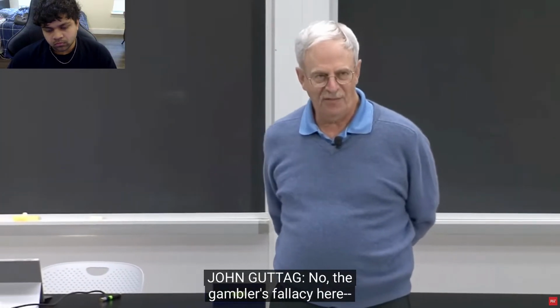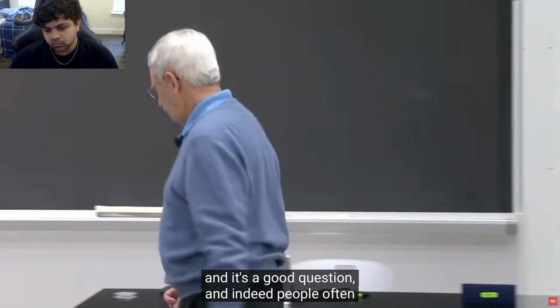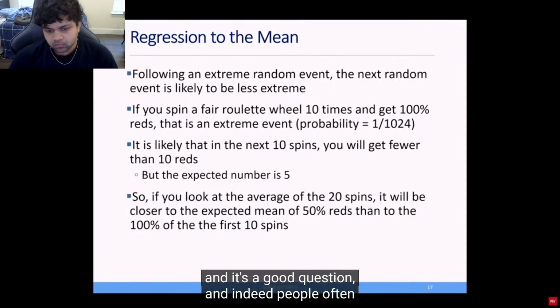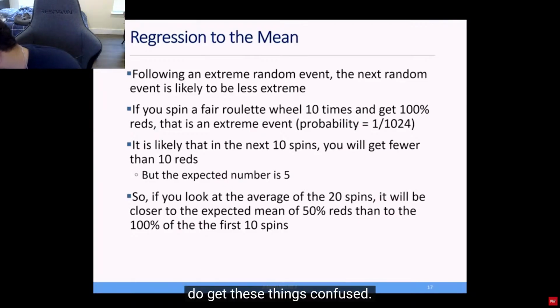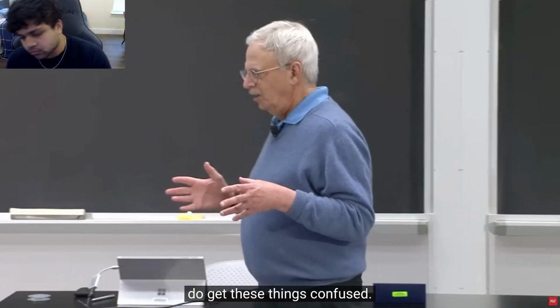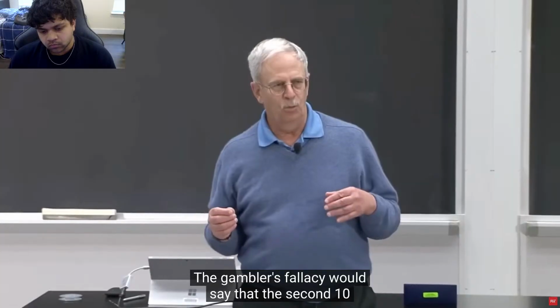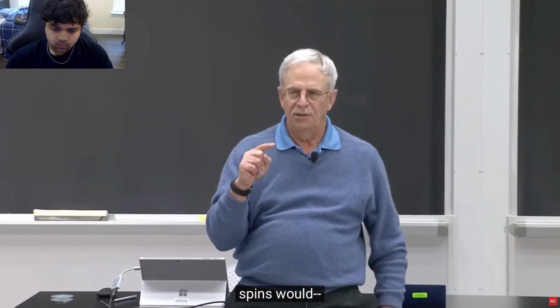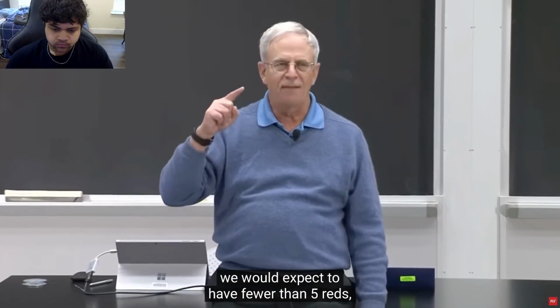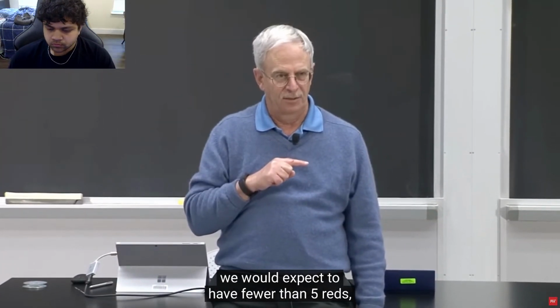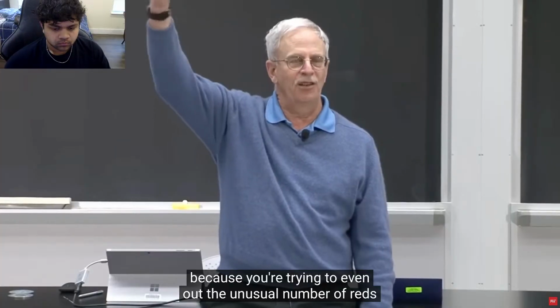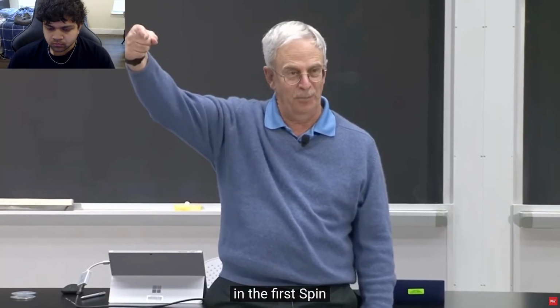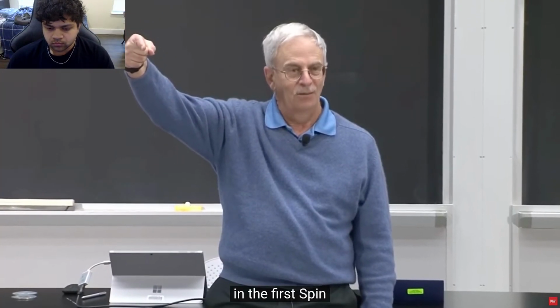No, the gambler's fallacy here, and it's a good question, and indeed people often do get these things confused. The gambler's fallacy would say that in the second 10 spins we would expect to have fewer than 5 reds, because you're trying to even out the unusual number of reds in the first spin, right?